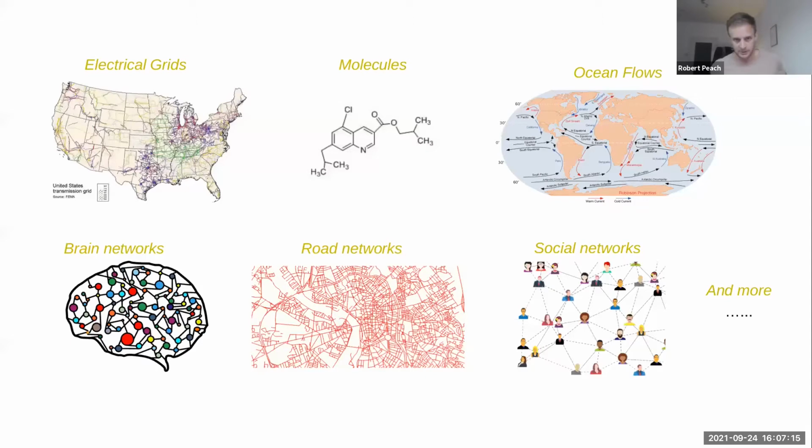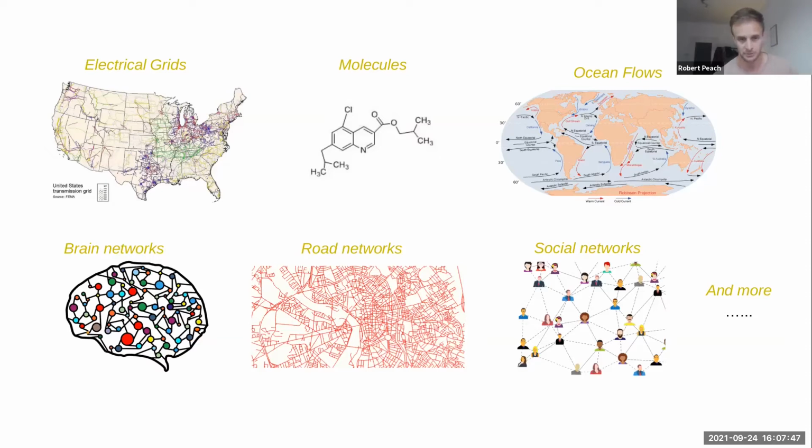So, what are networks? Well, in the simplest cases, they're nodes that are connected by edges. Networks provide a very powerful framework for modeling different systems. So anything from electrical grids, where your nodes might be junctions and your edges might be transmission lines, through to molecules with atoms and the interactions between them, such as bonds.